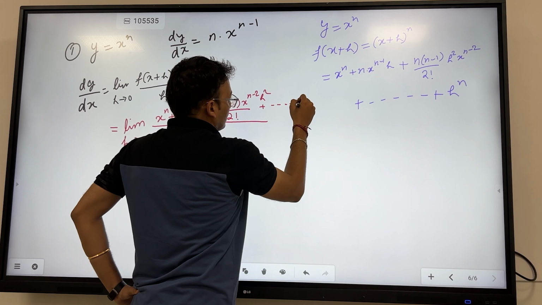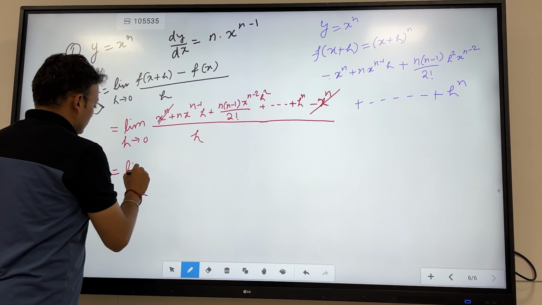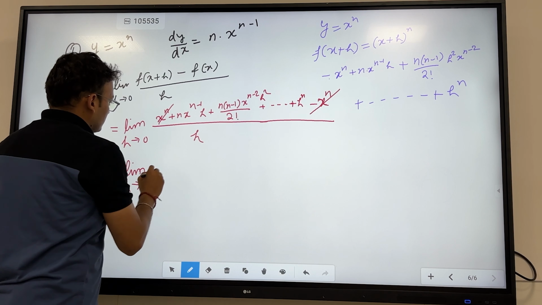So can I say x raised to the power n minus x raised to the power n cancel out? So this will be limit h tends to 0.